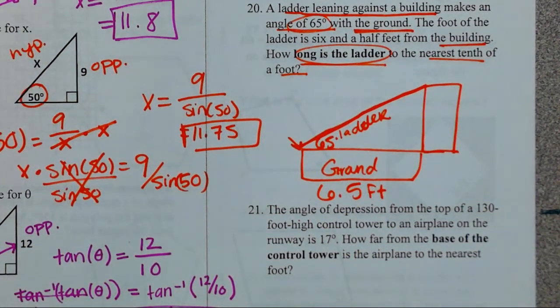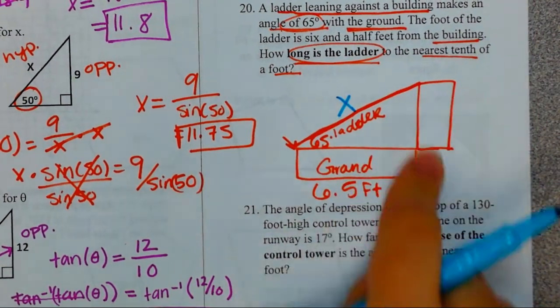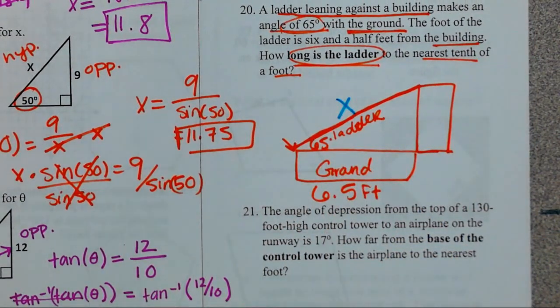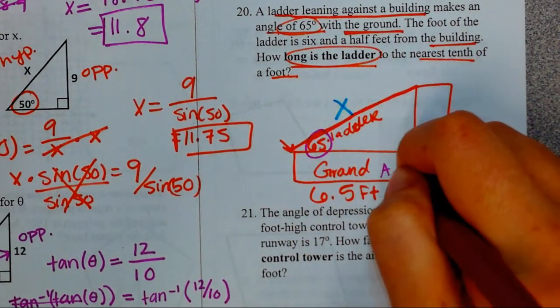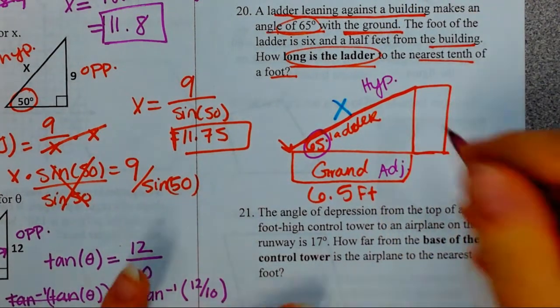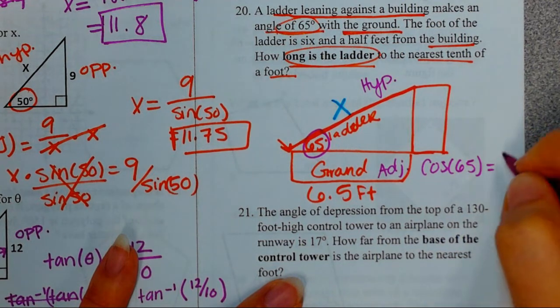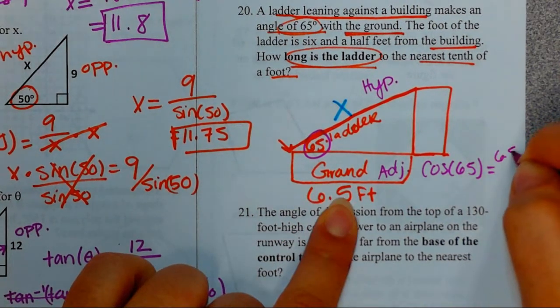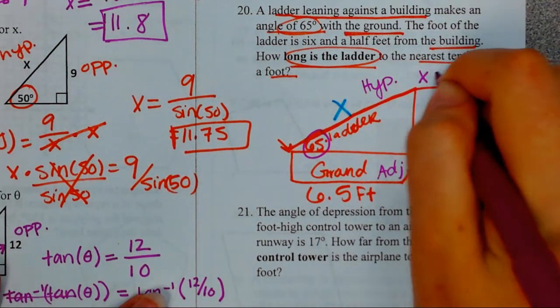Okay. If this is our ladder, then what that means is that this is asking for the hypotenuse. Okay. All right, now it's just SOHCAHTOA. So this is our adjacent side. We're solving for the hypotenuse. Cosine of 65 equals the adjacent, 6.5, over the hypotenuse, which is x. Okay.